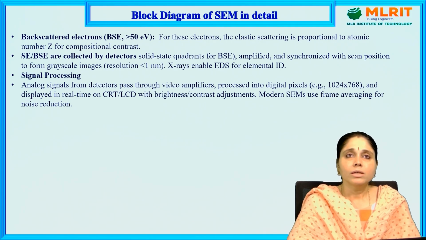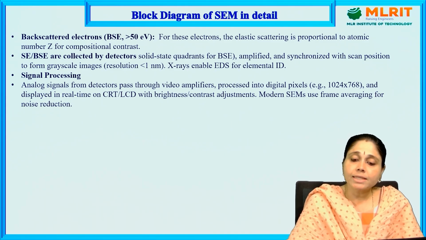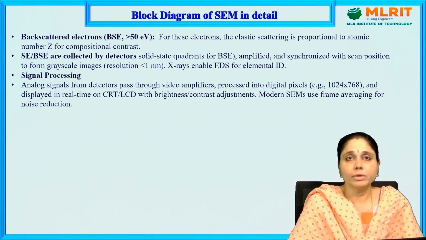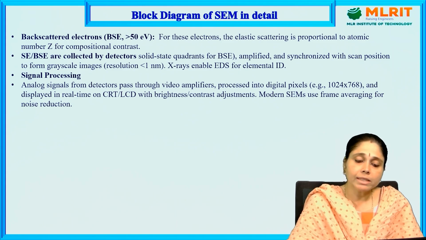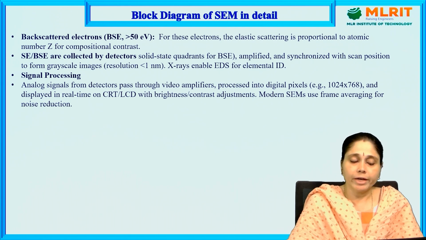Next, backscattered electrons. For these electrons, the elastic scattering is proportional to the atomic number Z, giving compositional contrast. So, secondary electrons give the topography and backscattered electrons give the compositional contrast.